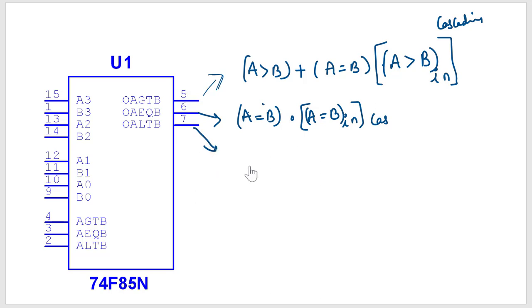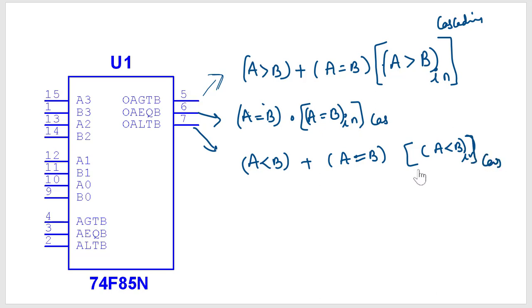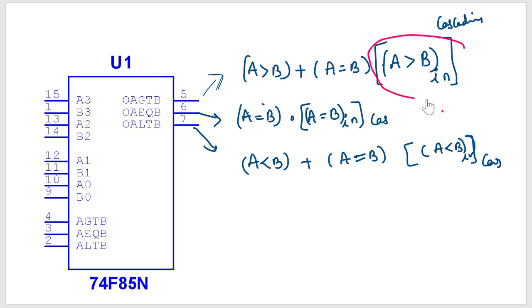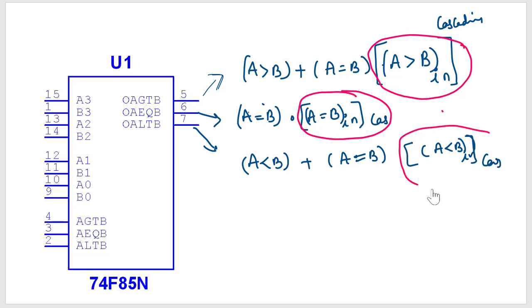And similarly, A less than B plus A equals to B into A less than B in. This also is a cascading input. These 3 words are cascading bits. The pink color expressions are cascading inputs from the lower order bits.